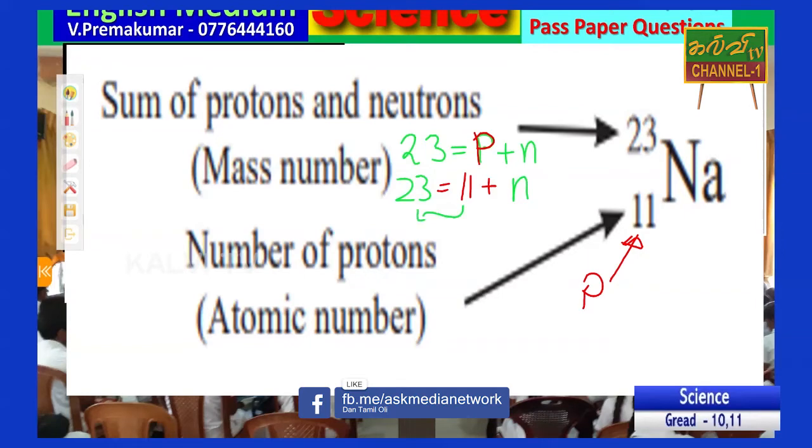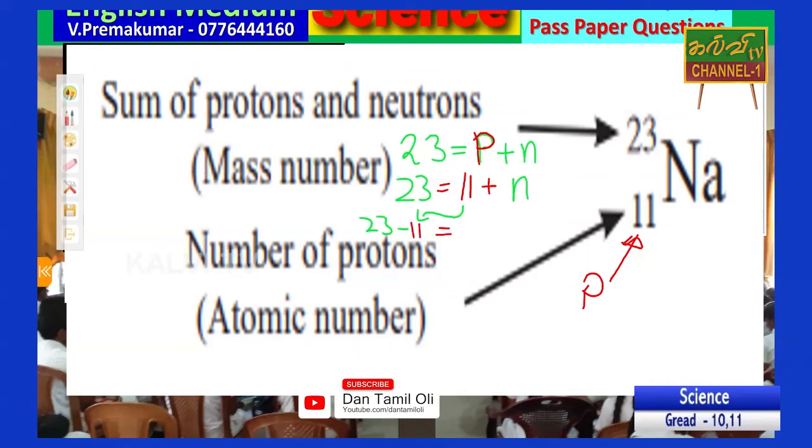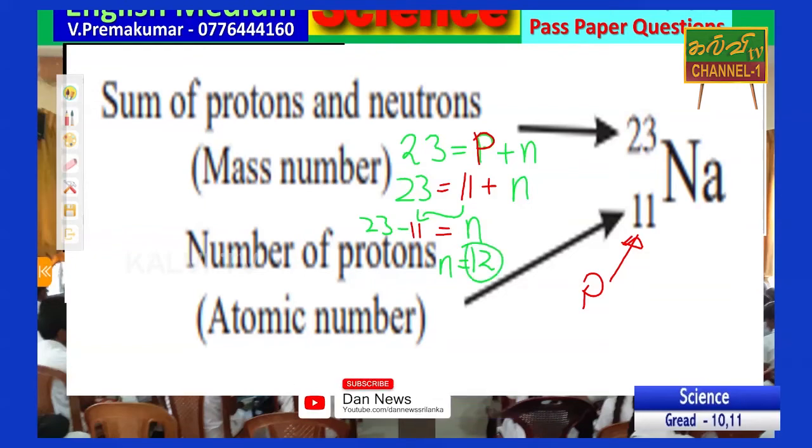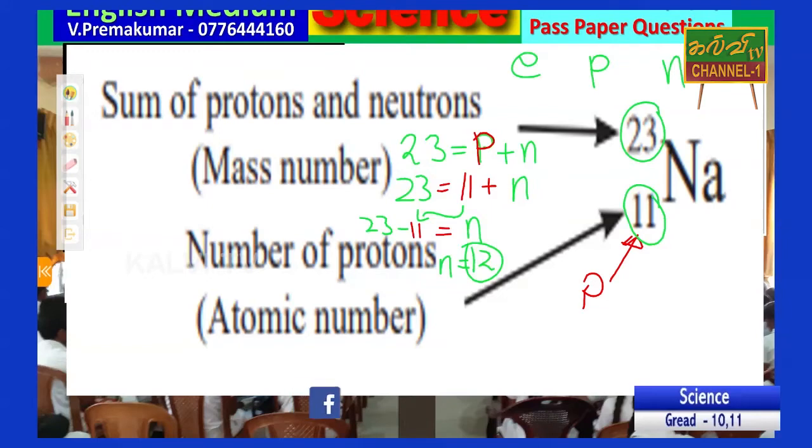So when it comes to this side, 23 subtract 11 gives the number of neutrons. So neutrons is equal to 12. These two data are enough to find the number of electrons, protons and neutrons. Neutrons 12, protons 11, and electrons also 11.